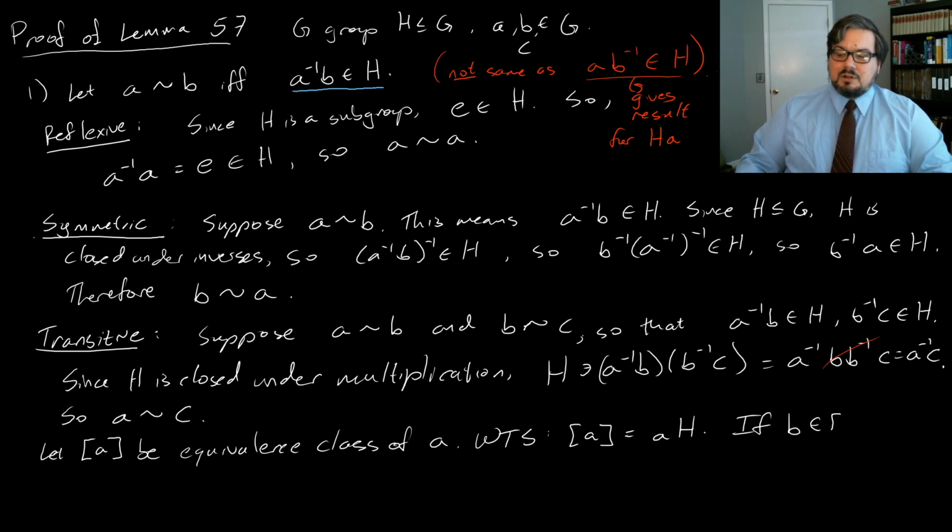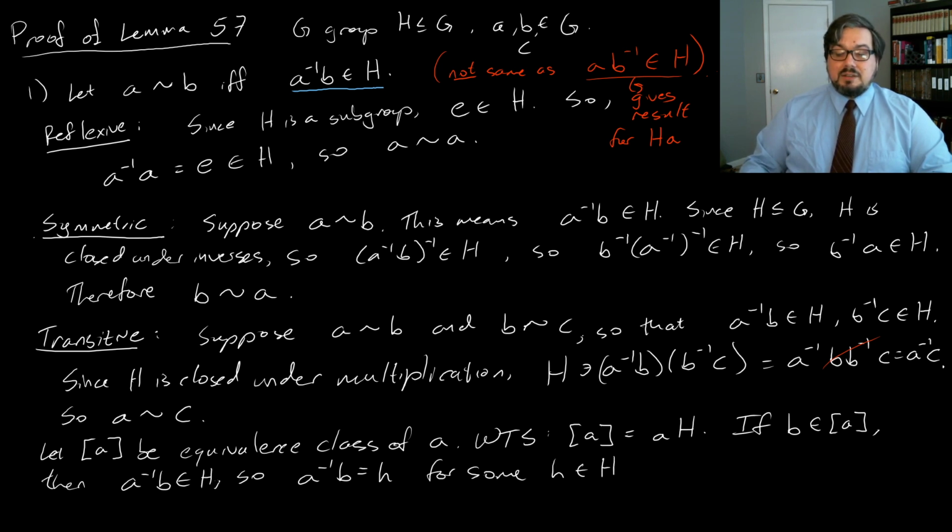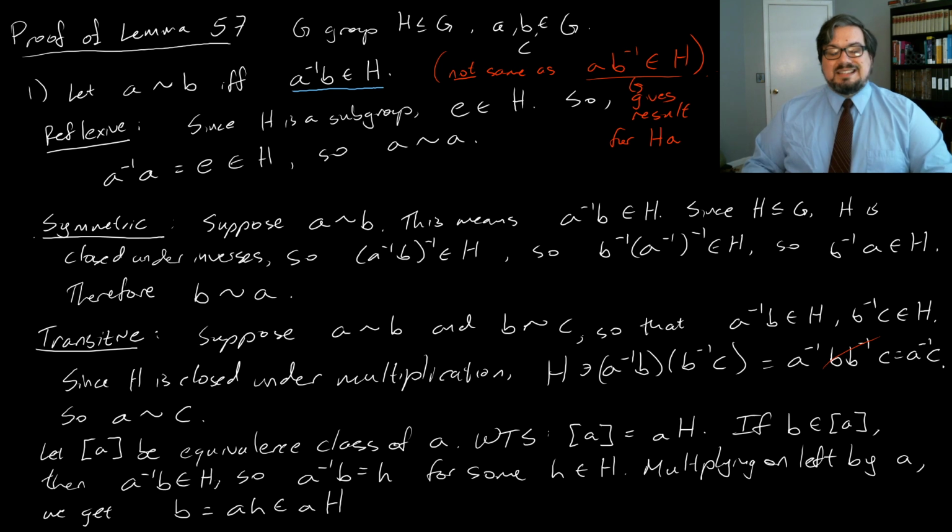So if B belongs to the equivalence class of A, then A inverse B belongs to H. So that means that A inverse B equals h for some little h in big H. Now multiplying on the left by A, we get that B equals Ah, which, of course, by definition, belongs to the left coset of H. So that means that we've shown that the equivalence class of A is a subset of the left coset AH. So we've done half of that.